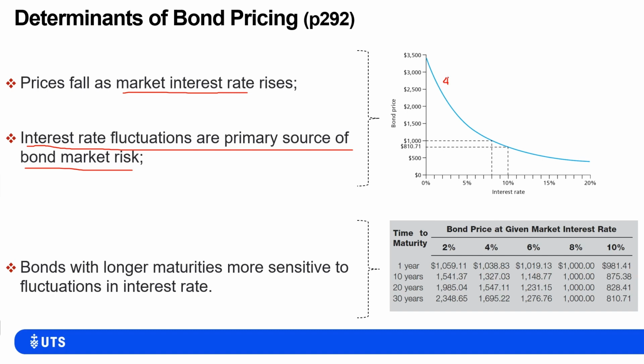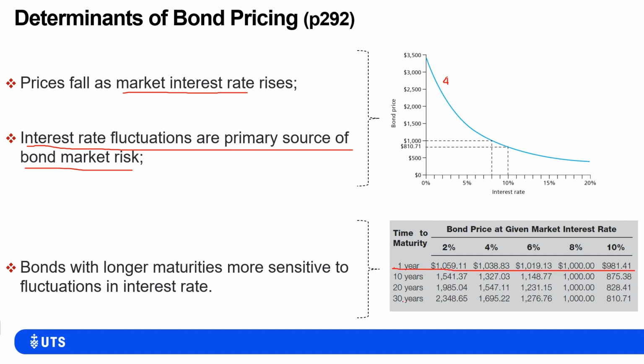And how would such interest rate risk be impacted by maturities? Let's take a look at the table over here first. In the table, we can see that bonds with shorter maturity experience a lower reduction in price when the market interest rate increases from 2% to 10%.